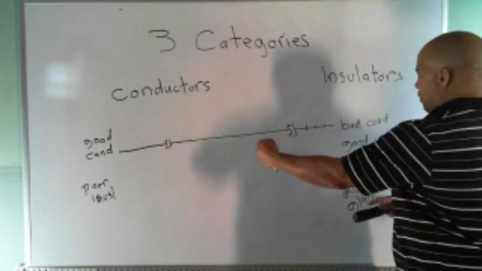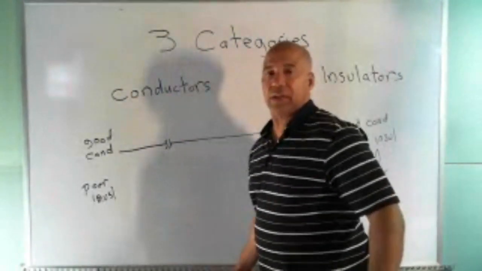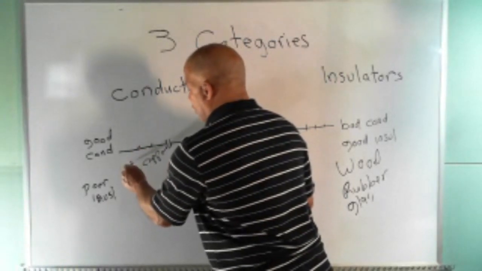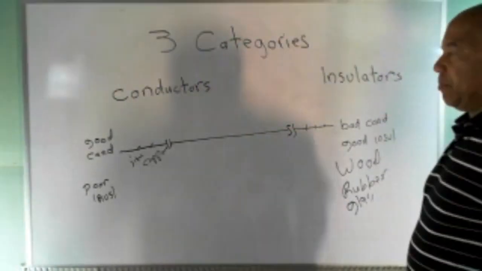The further this way you go, the better insulator you have. The further that way you go, the better conductor you have. So you might here have copper, and then silver, and the further you go that way, you get better conductors.